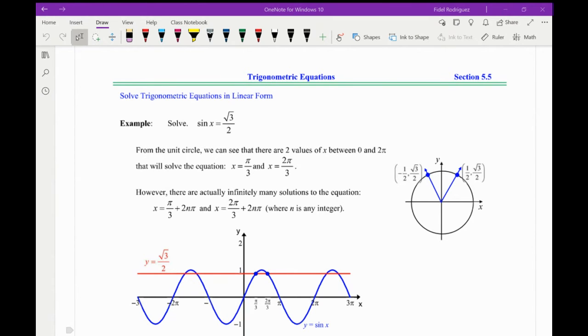Trying to get rid of this little thing here.